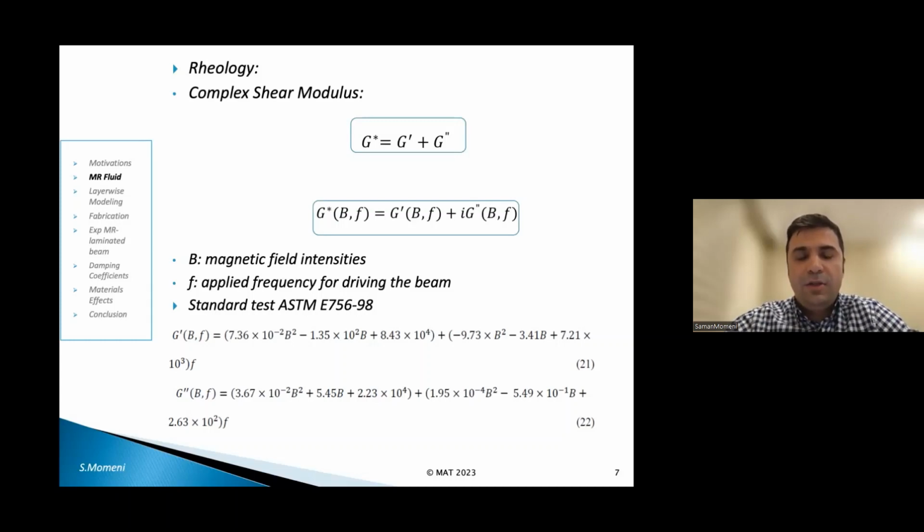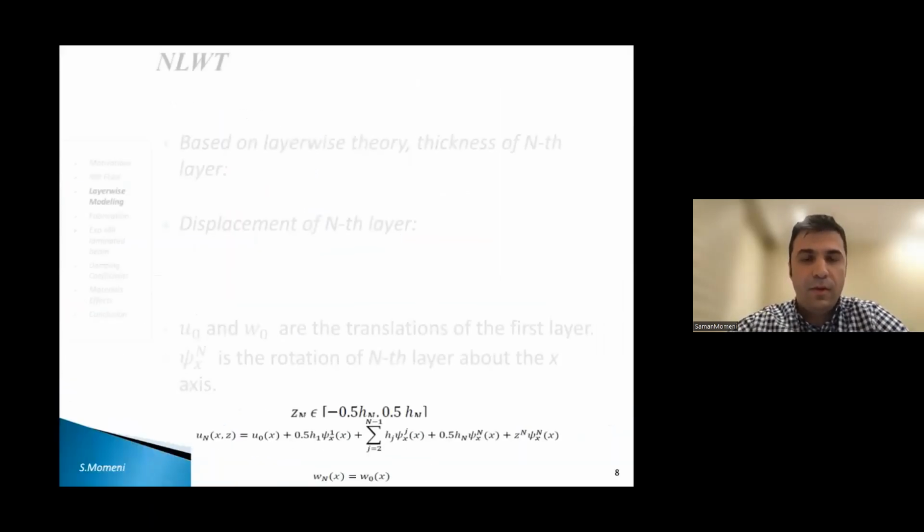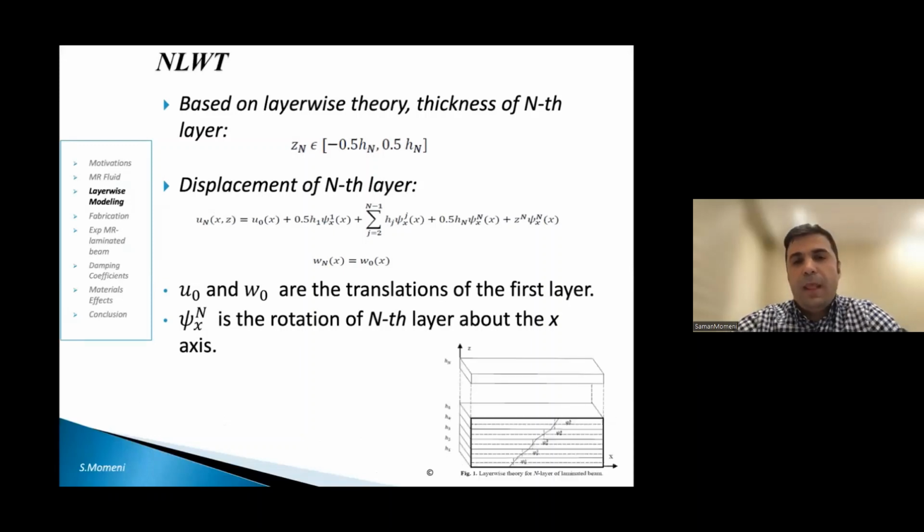And the complex shear modulus is dependent on magnetic field intensities and the applied frequency for driving the beam. By applying the standard test, we can show the amounts of G prime and G double prime, shown here.